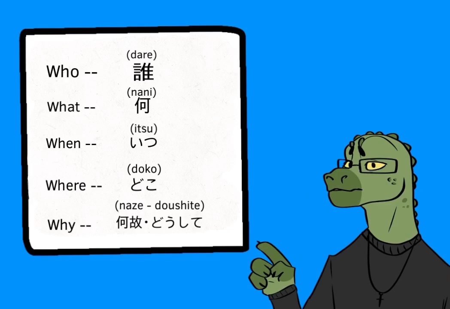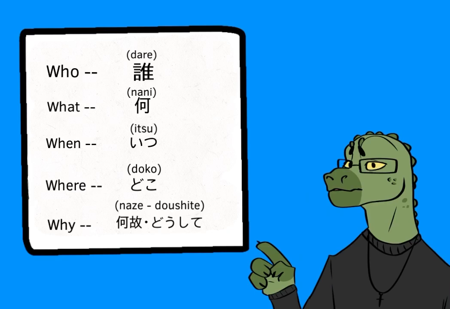However, compared to the first two that I talked about, itsu, doko, and doshite and naze do not use aru or iru. Why? It's because they don't need that sort of thing. It's not within that element of aspect that they require, right?